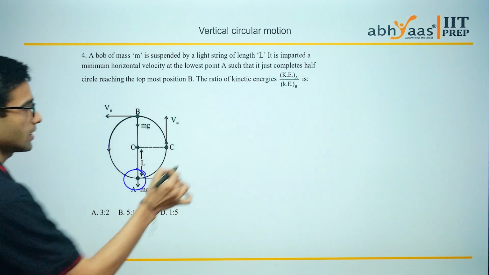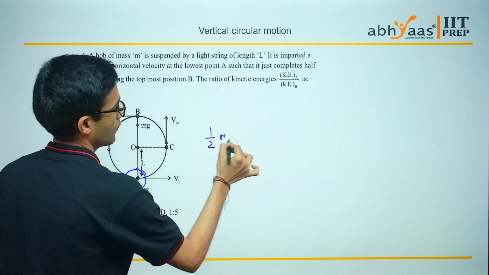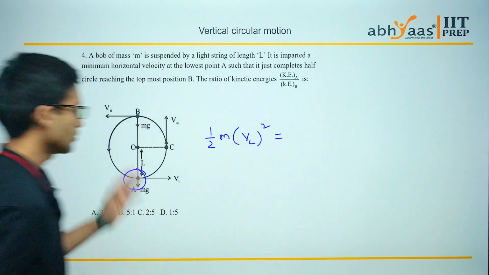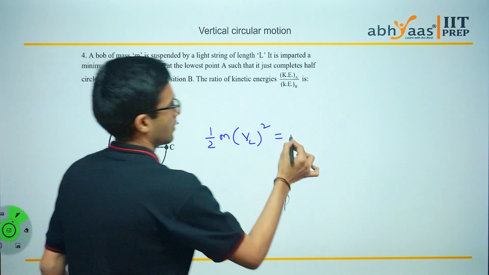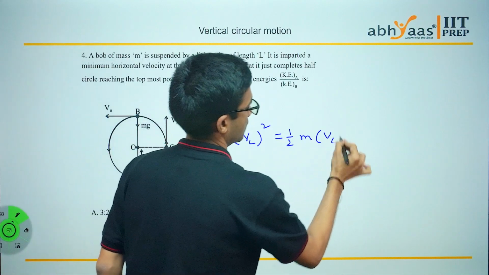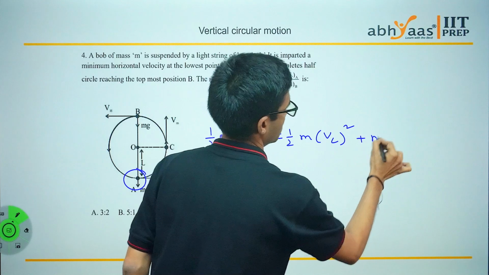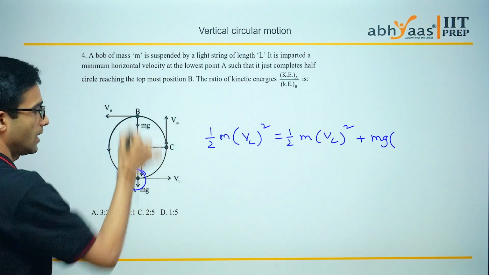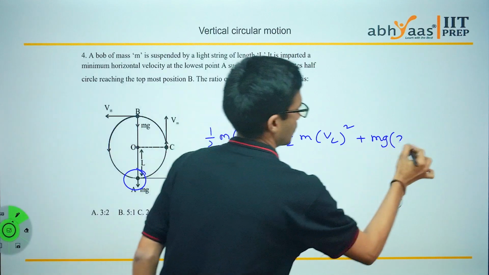So at A, that is half m VL square, the lowest position velocity I am considering. At the maximum point we also have half m VL square plus mg into height. If you consider the lowest position, what is the height? L plus L, that is 2L.